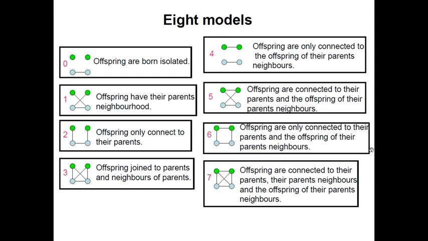A new daughter is going to make friends with their mother, but is also going to make friends with the daughters of their mother's friends. Perhaps they go to school on the same bus or something like that. So this model captures the way the offspring of acquainted parents are going to probably become acquainted.